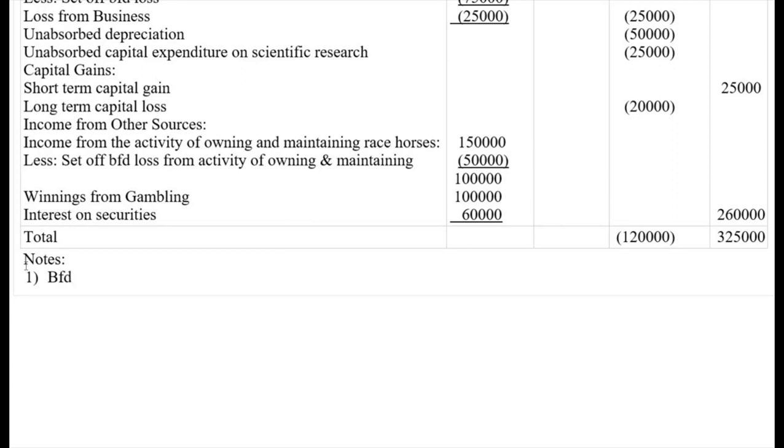Brought forward loss from house property cannot be adjusted as it is time barred.